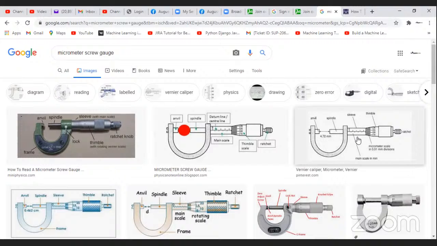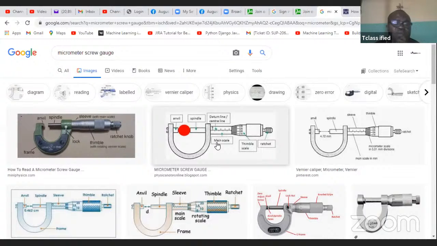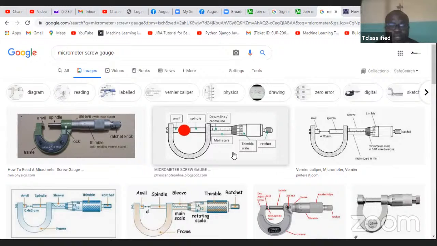First of all, you take out the reading here, then this one here. In a special class, I'm going to teach you how to use it to measure, but I want you to be able to identify the equipment when you see it somewhere else. So this is the typical diagram of a micrometer screw gauge. I already showed you that of a vernier caliper, isn't it?